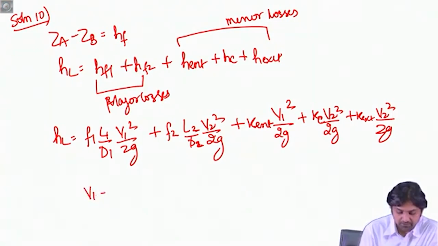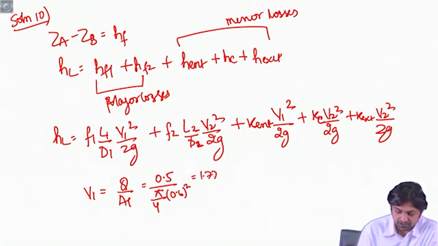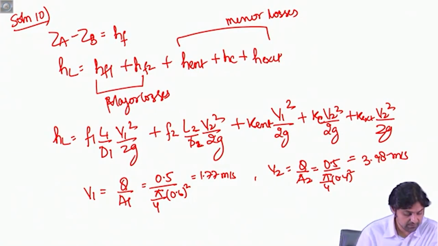So simply for pipe 1, V1 will be discharge by area 1. Discharge is given as 0.5, and the length and diameter, everything is given. So it will come to 1.77 meters per second, whereas V2 will come out to be Q by A2, 0.5 over pi by 4 into 0.4 whole square, and this will come to be 3.98 meters per second.